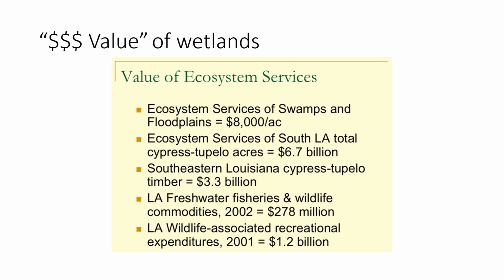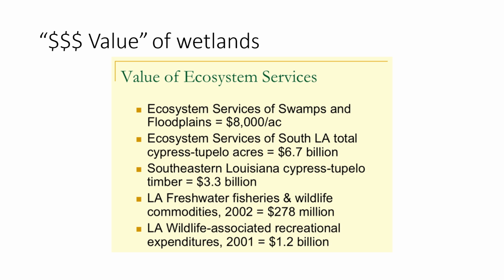Other than ecological value, they provide ecosystem services in a really great way. Ecosystem services of swamps and floodplains are estimated at about $8,000 per acre. Those ecosystem services of South Louisiana, including all of the Cypress Tupelo acres, are equivalent to $6.7 billion worth of services.